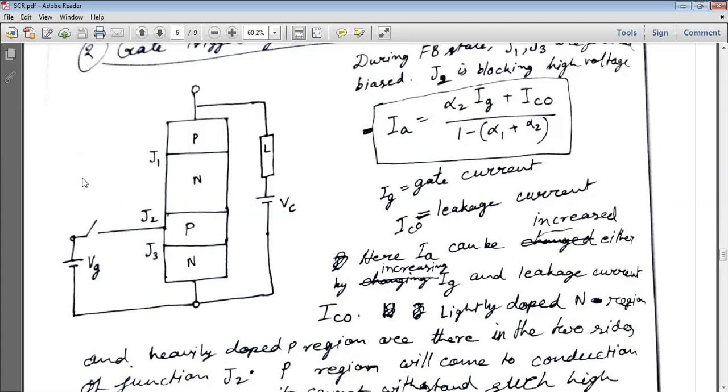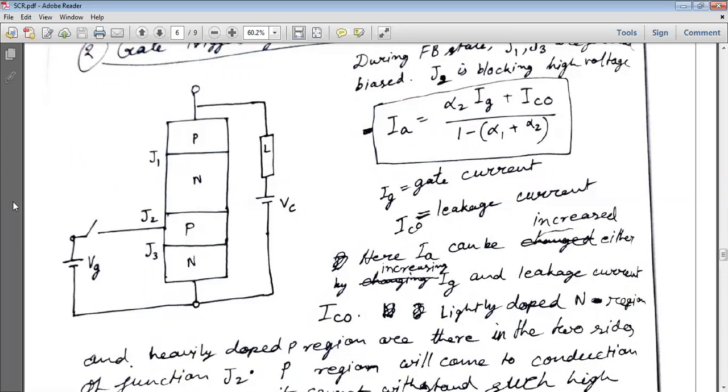So the heavily doped P region needs a small amount of gate current to come to conduction. Then the entire IA to IK current is going to flow. Okay, so the gate triggering method is the most popular method out of all the triggering methods. Now Ig, the gate current, is given for a short duration.